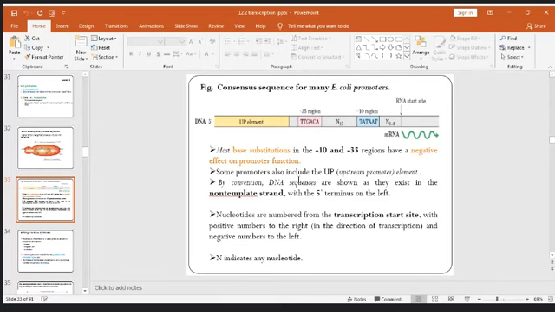Some promoters also include the upstream promoter element. It can be used to regulate the sequences or the processing.